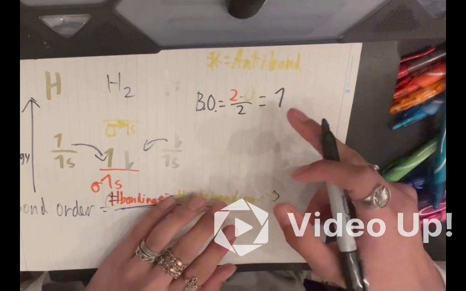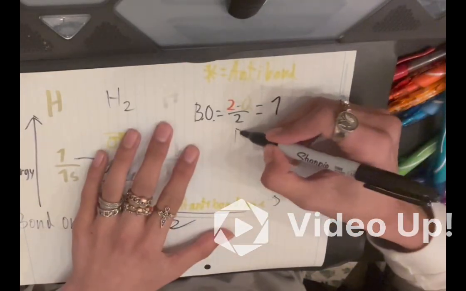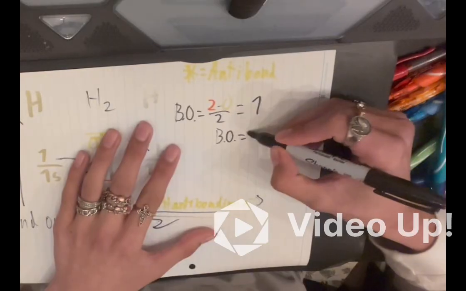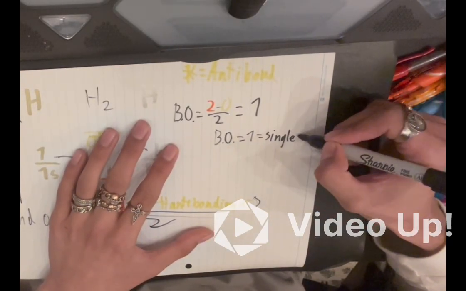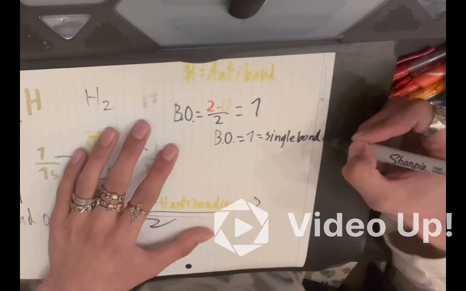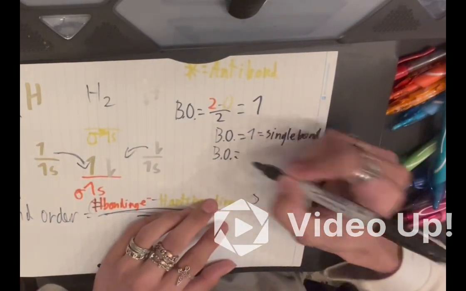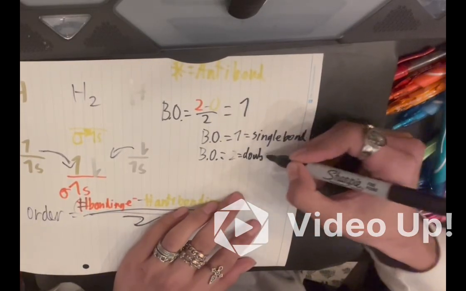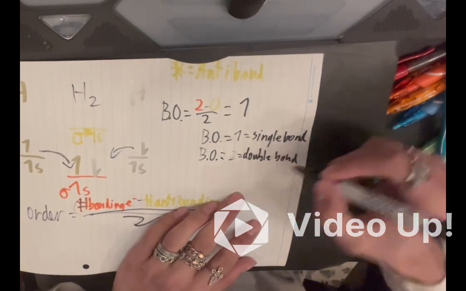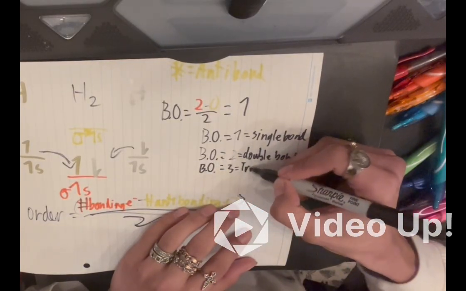So let's talk about what 1 means in terms of bond order. When a bond order is equal to 1, it usually means a single bond, right? And I say usually because apparently there are some cases where it doesn't always mean this, but I really haven't found any. If it has 2, it means double bond. And if it's 3, it means, obviously, triple bond.